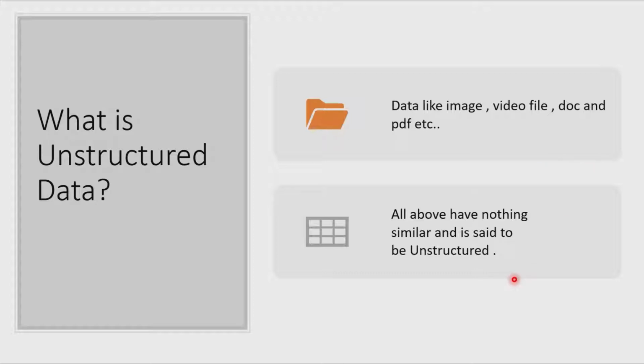That's why we say it is unstructured data, and we have to get the data out of that. In scenarios where the data is unstructured, semi-structured, or non-structured, we use NoSQL databases because we can manage them easily, which is not possible in traditional SQL or RDBMS databases.